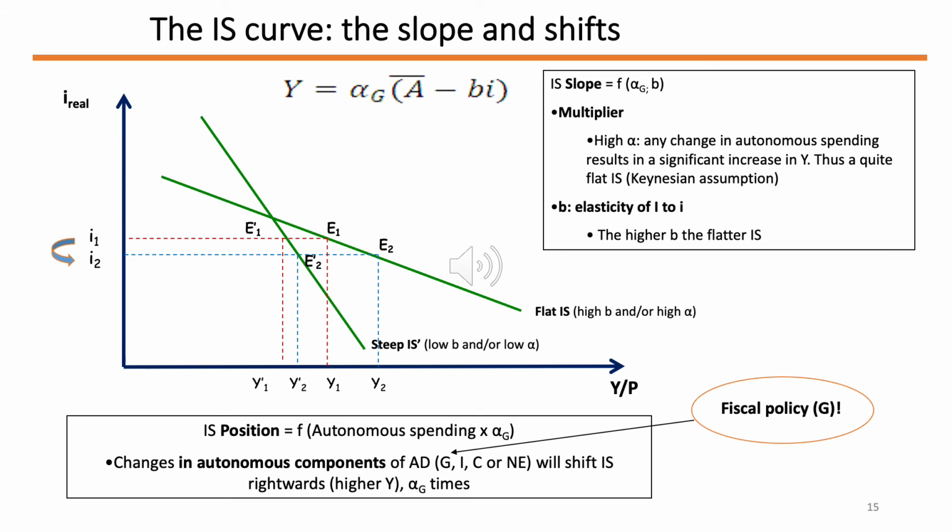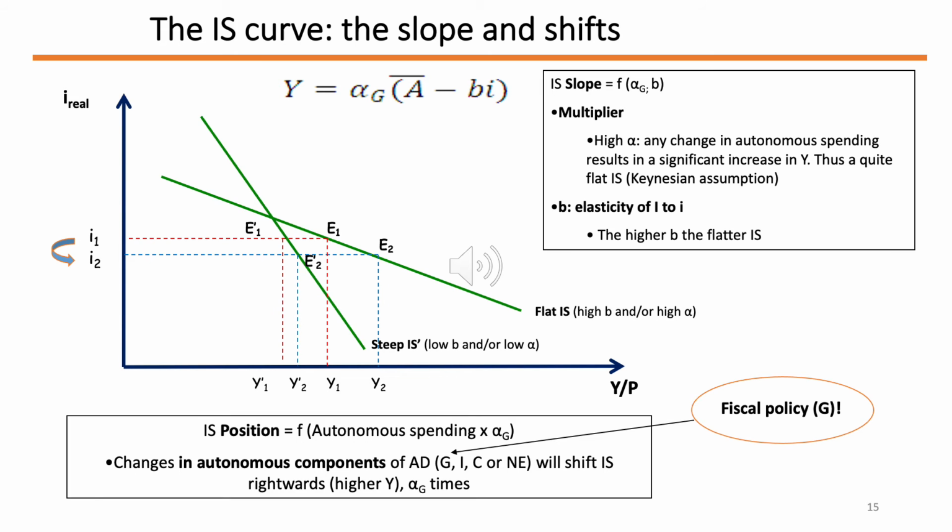Well, it is very relevant in order to assess changes in fiscal policies, because if we add to the model not just private investment and private consumption, that's what we have done so far, but we include in autonomous spending capital G for government spending, including both public consumption and public investment, then any change in G, in fiscal policies, will be affecting the level of income in the economy. It will be producing a shift in the IS curve.